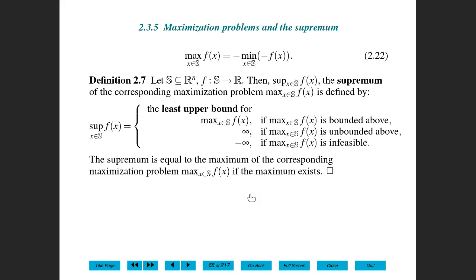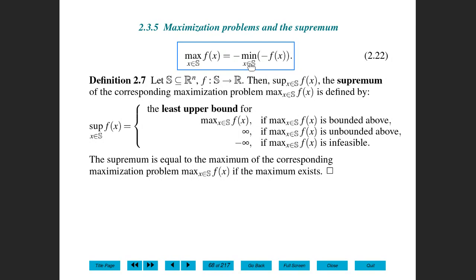Now this slide is very interesting and very important because it helps us to see the bigger picture. Throughout the course we would be talking about the minimum and the minimizer. We won't be talking about the maximum and the maximizer.